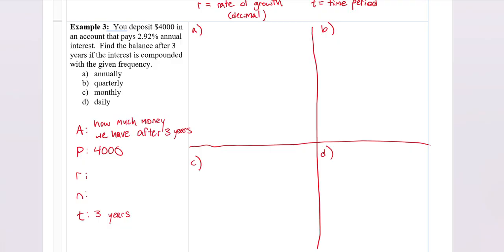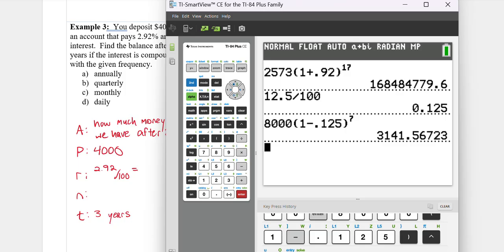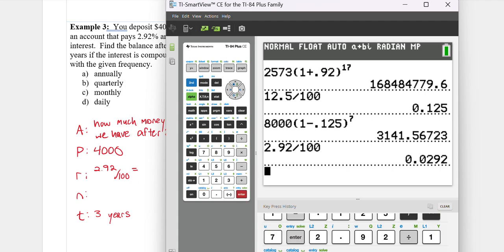R is 2.92%. Now the way we find R, you have to take 2.92 and divide it by 100. Now you're going to see when we do that, we get 0.0292. That's 2.92% right there.